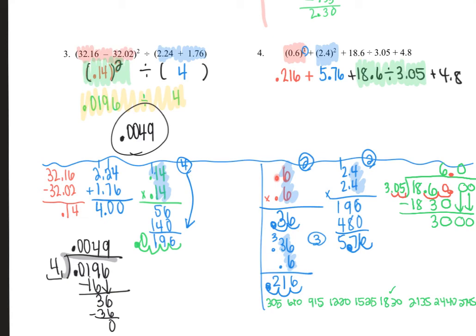1, 2, 3, 4, 5, 6, 7, 8, 9, which is 2745. I subtract it. It's going to be 255. And again, you could add another 0. That's going to be 8.